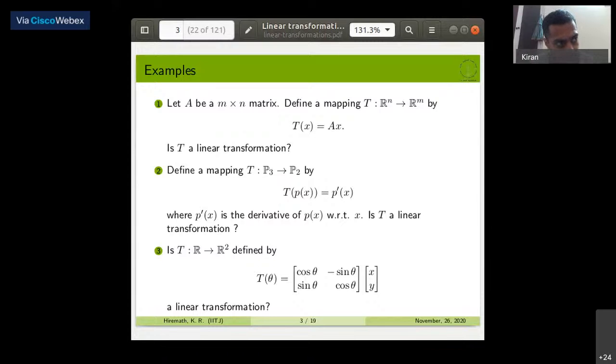How to verify? Take a paper and pencil. Replace theta by theta 1 plus alpha times theta 2. Use the expansion formulas for cos and sine, and then try to rearrange it, right? That's how one will do it. And what do we get?